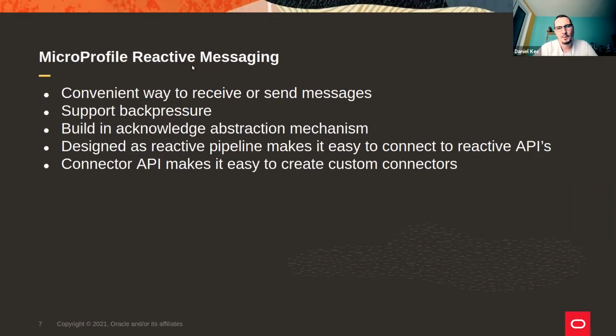That means that you can regulate with the back pressure, you can regulate the flow of the data so you don't get drowned with too many messages. You have a built-in acknowledge abstraction mechanism.